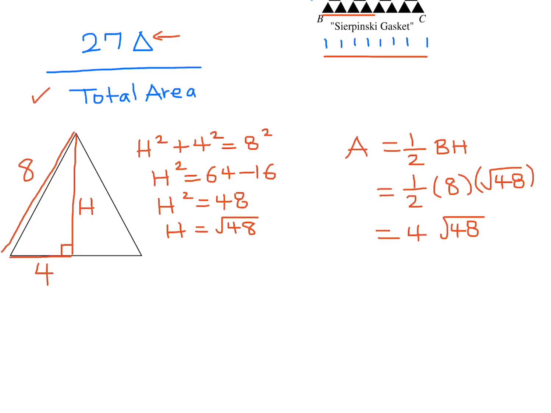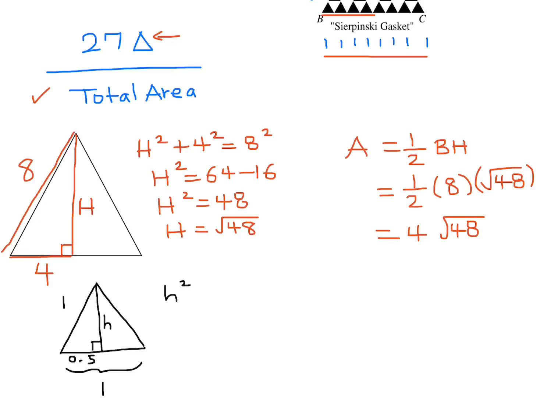So let's draw one of those black triangles. And we know that the bottom has a length of 1, this whole thing. So therefore, this would be 0.5, and this would be 1. And very similar to what we did previously up here, we're going to find its height.